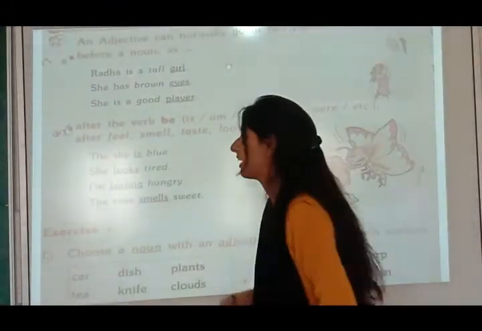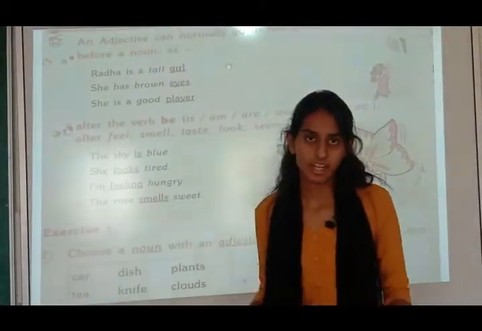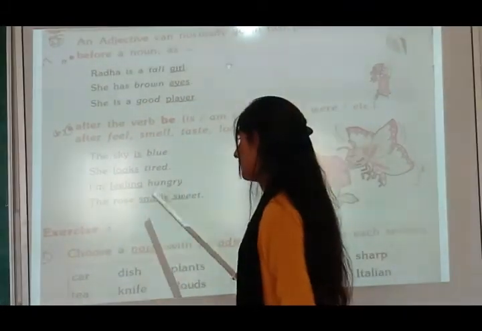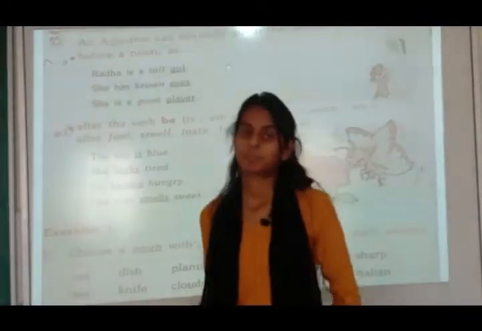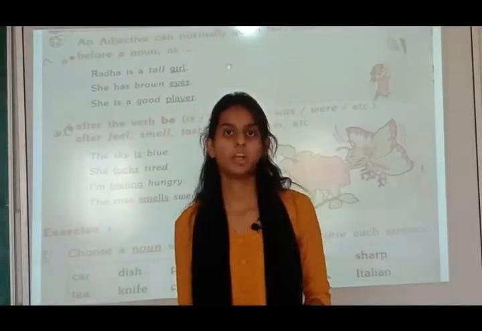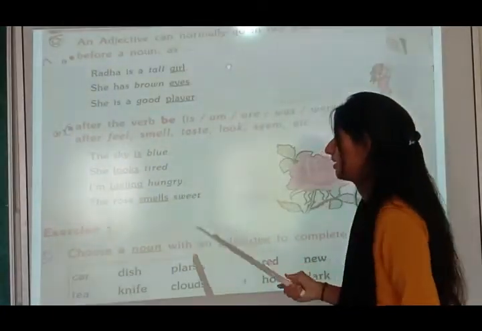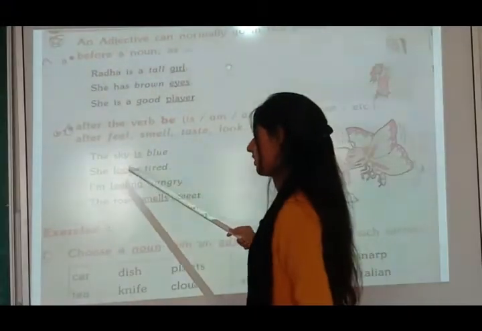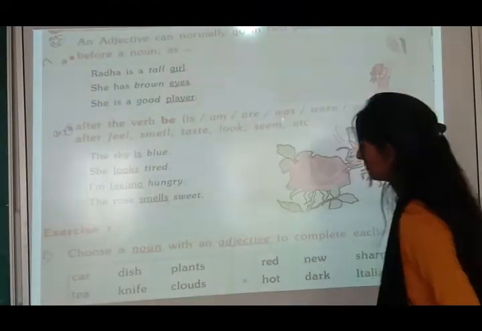It is telling how one is feeling. It can be sad, it can be boring, it can be happy. The rose smells sweet. We all know that a rose smells, but how does the rose smell? It smells sweet. It is an adjective. So all these adjectives are used after the verb, and here the adjective is used before the noun.